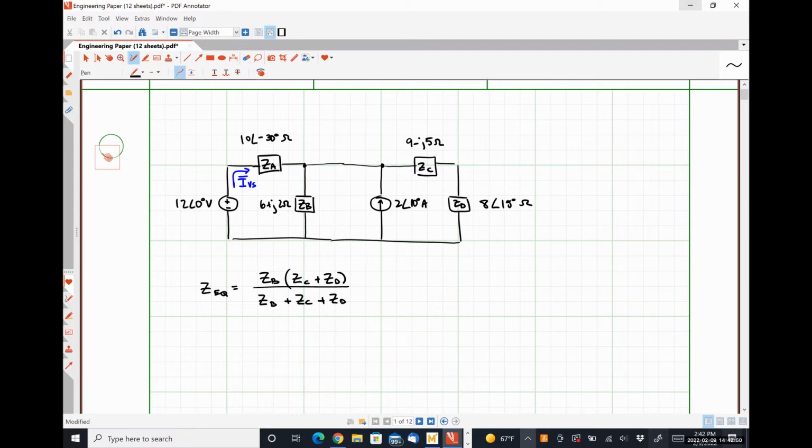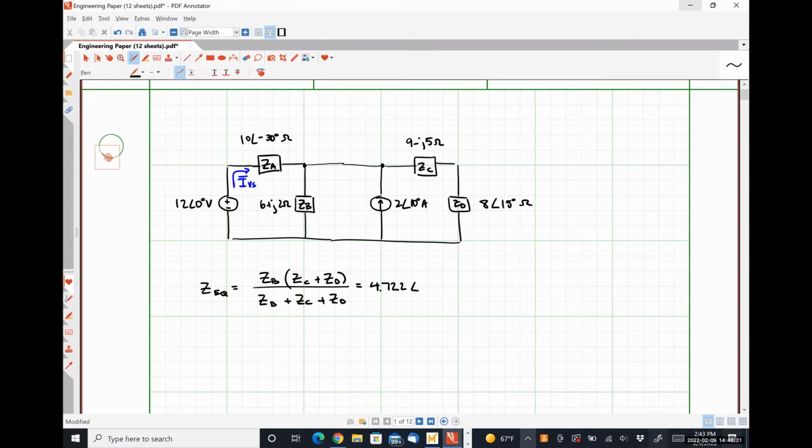And then so I get an equivalent impedance of 4.722 with an angle of 10.843 degrees.